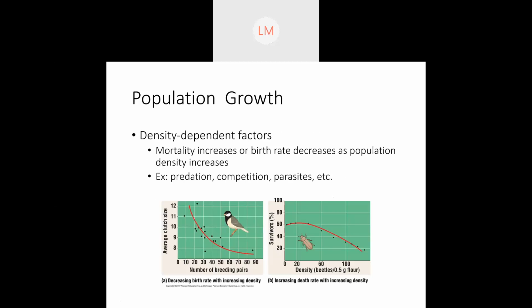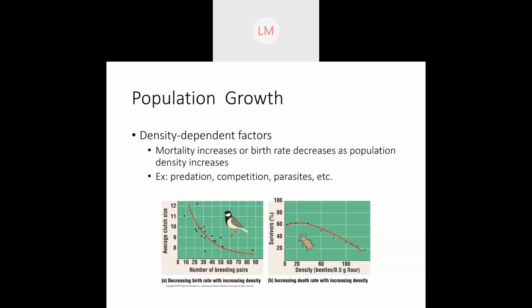As the number of individuals in a certain area increases, the competition for resources is more intense. If the competition for resources is more intense, you might see a higher mortality rate, a higher death rate, and you might also see a lower birth rate. Okay? Parasites could also be a type of density dependent factor, just something that is going to become more intense as the population density increases.